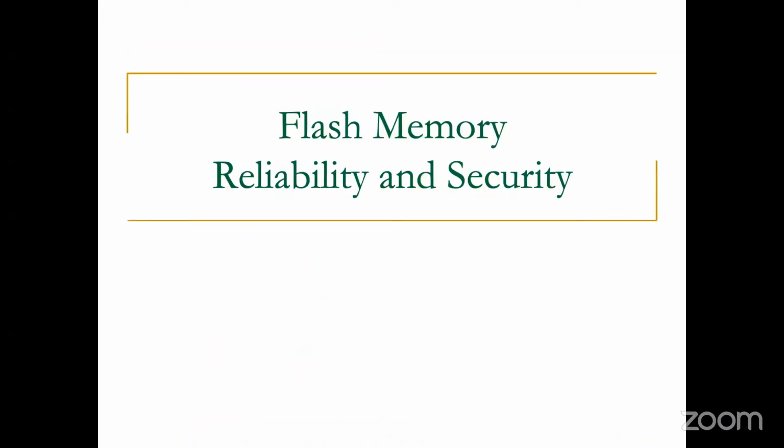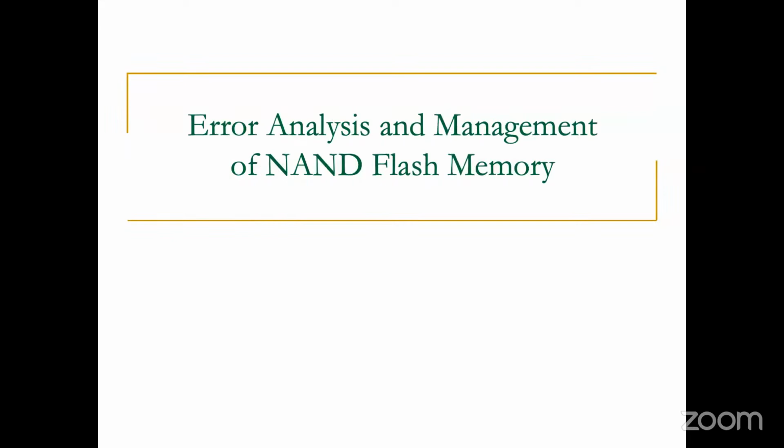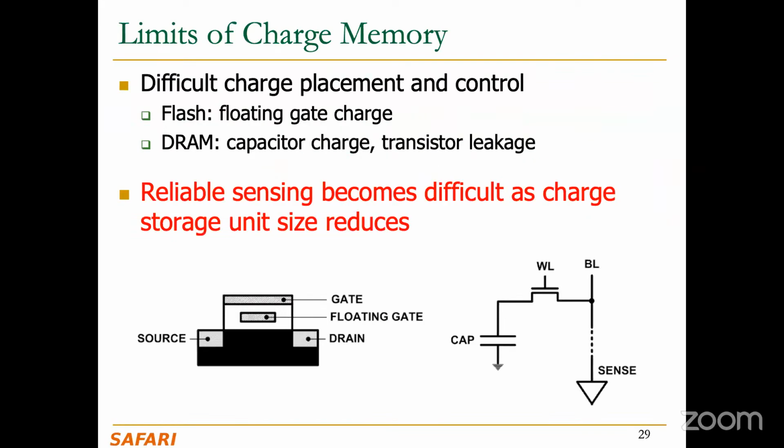Okay, so now let's dive into flash memory reliability and security. This is a fundamental limitation of charge memory. You already know that for DRAM we have this capacitor charge and this transistor leakage.